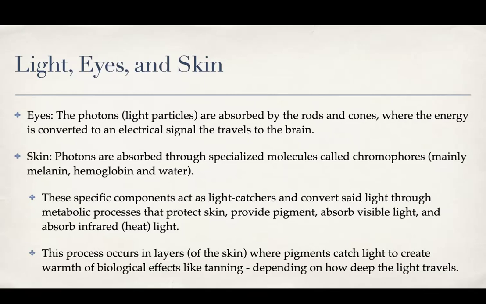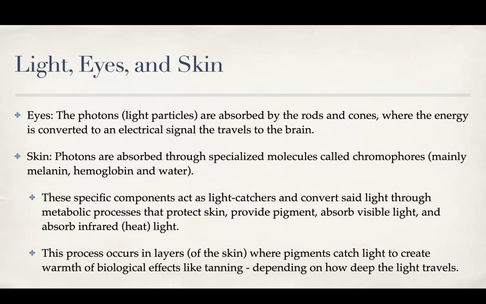And depending on the quality of light, so that's going to be time of day and where you are location-wise, right? The sun at 10 o'clock is going to be very different closer to the equator than if you were farther north. It also depends on season. So ultimately, depending on the layers of the skin and the type of light is going to depend on the biological effects.